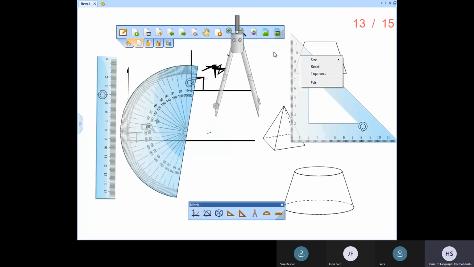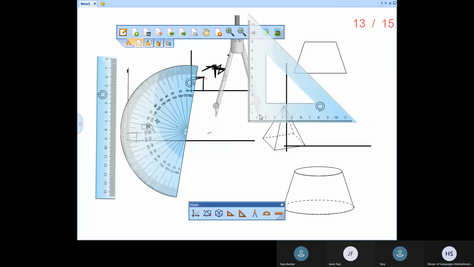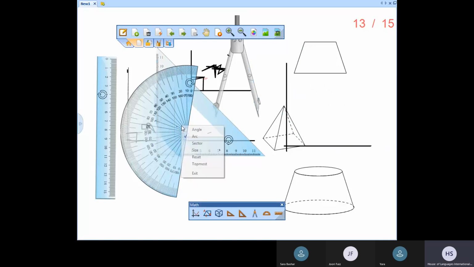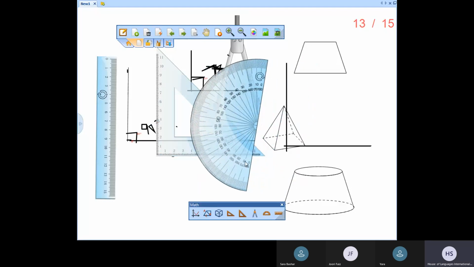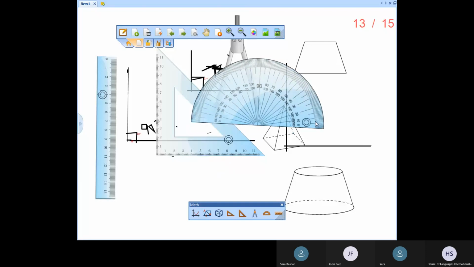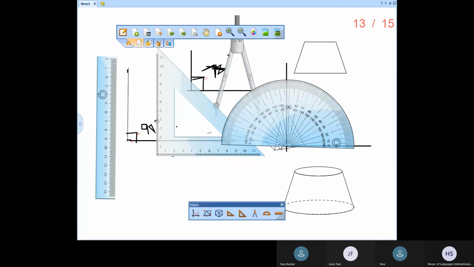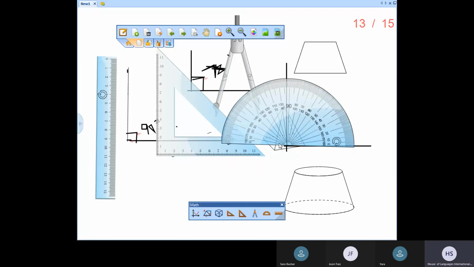We can use them, yes, we can say like this. We can draw. We're gonna now measure if we have perpendicular. It's not accurate, right? Yes. But it's not landed on the line. Okay, let's come back now.